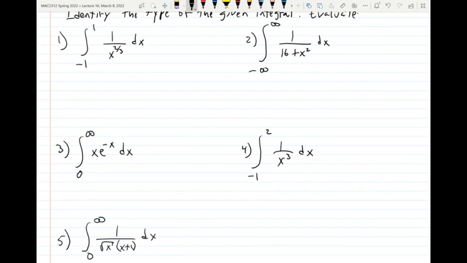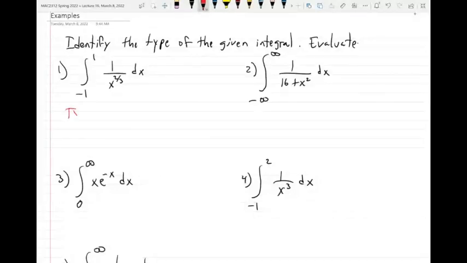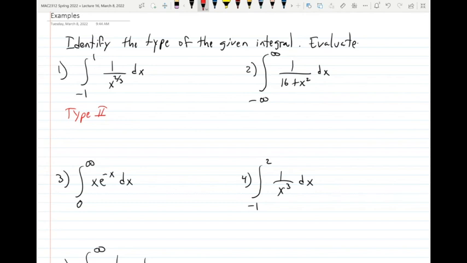All right. So let's see. Number 1, what's the type? Type 2, okay. Everybody agree? What's the issue? So the issue is at 0, right? So, okay, type 2. We know where it is. Okay, number 2, what's the type? Type 1, good.